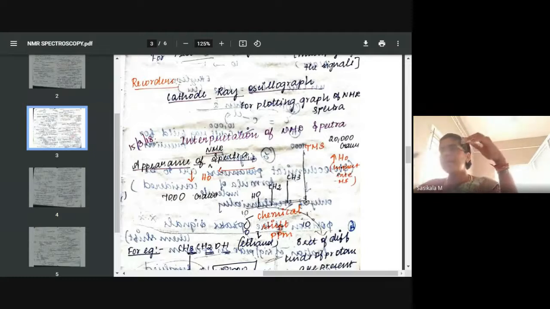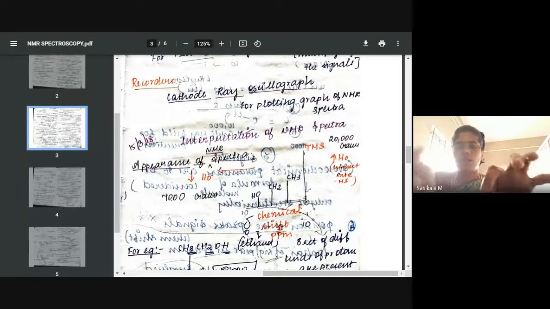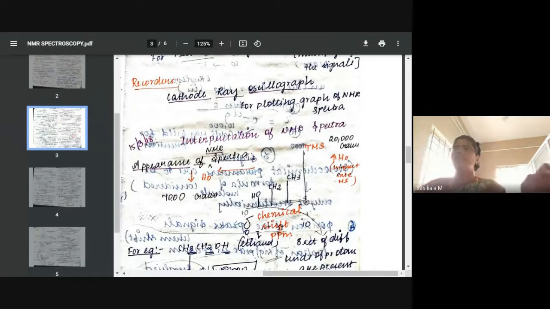Up represents a higher magnetic field. Shift is the shifting of protons towards a higher magnetic field. So the shift is called what? Upfield shift.